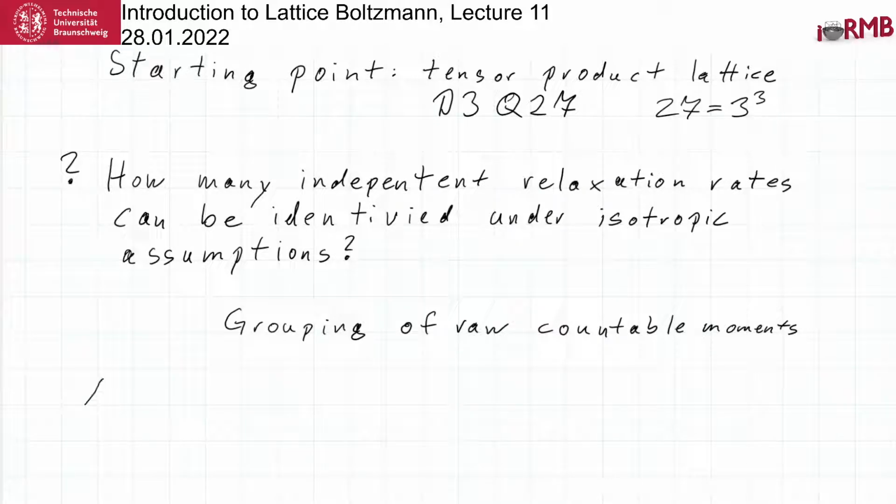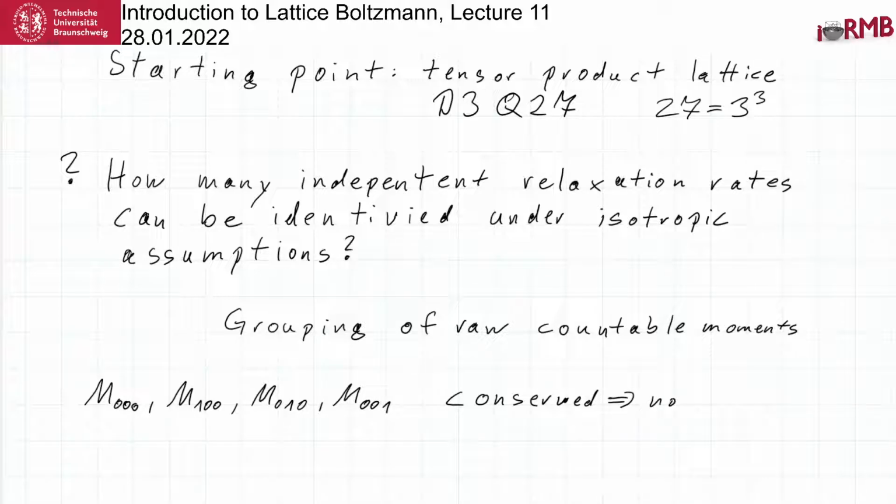So we have, of course, the moment M000, M100, so this is the momentum, M010 and M001. So these moments are conserved. This is mass and momentum, they are conserved, so there is no relaxation. Okay, so four of the moments that we have are gone.